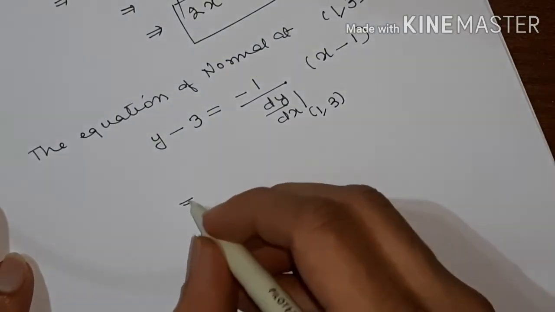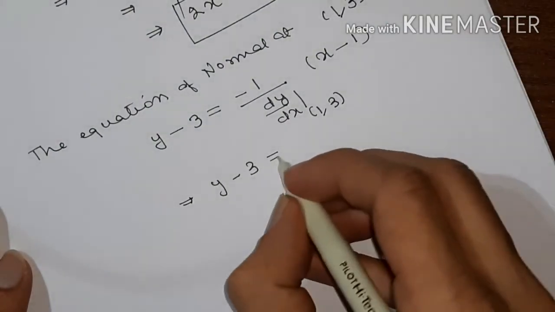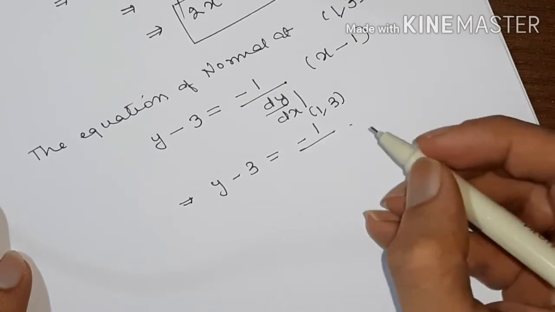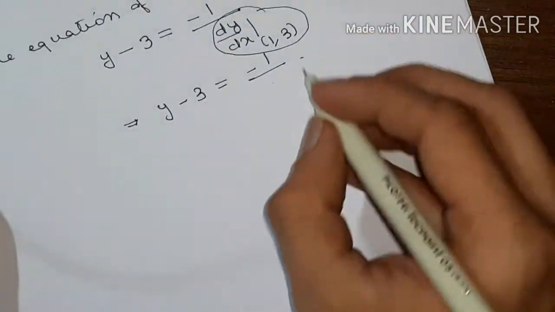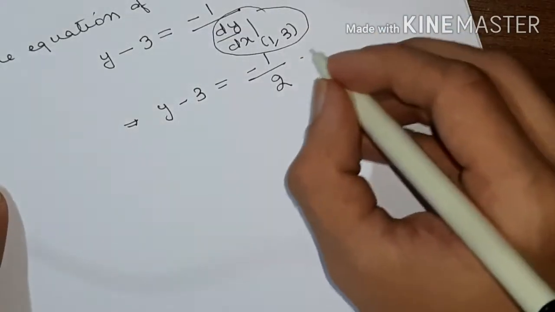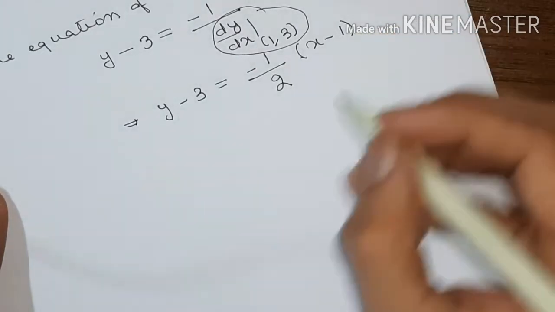So this is y minus 3 equal to minus 1 divided by, this is nothing but the slope of the tangent, which is 2. So minus 1 divided by 2 multiplied by x minus 1.